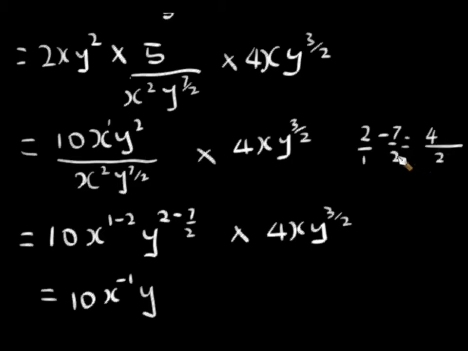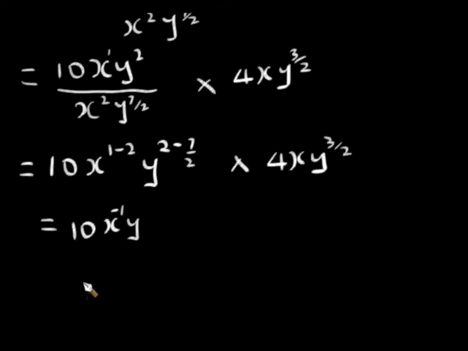Now 2 into 2 here, 1 times 7 still gives us minus 7, right? So in the end we're going to have minus 3 over 2, still multiplied by 4x y raised to power 3 over 2.